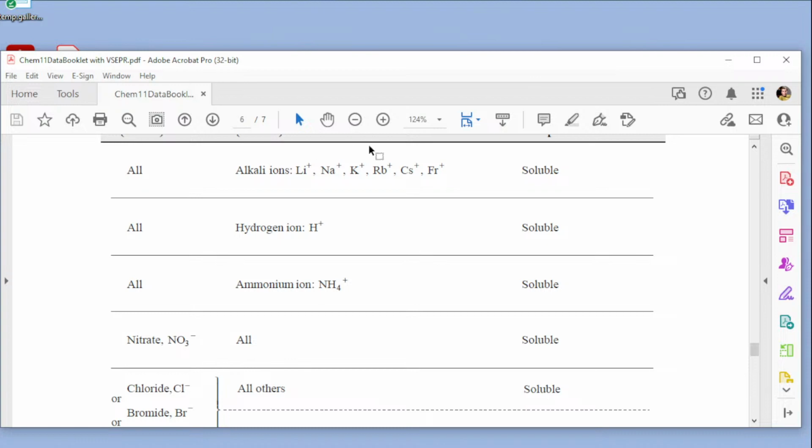So for example, does barium, it says alkali ions are soluble with everything. But this table doesn't include chromate. So are alkali ions sodium with chromate? So I could take, let's see, I think I saw sodium. Here's potassium chloride.